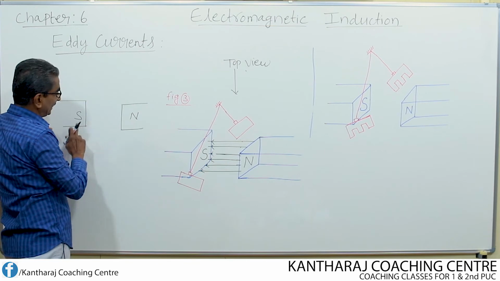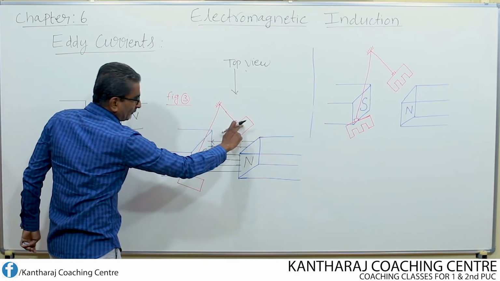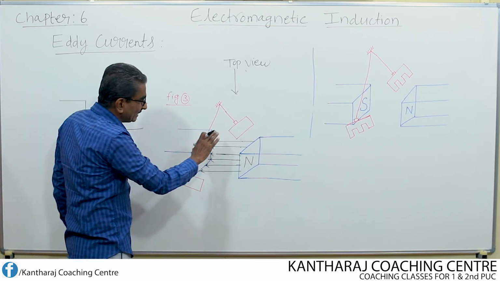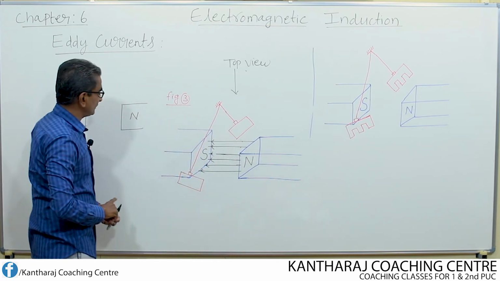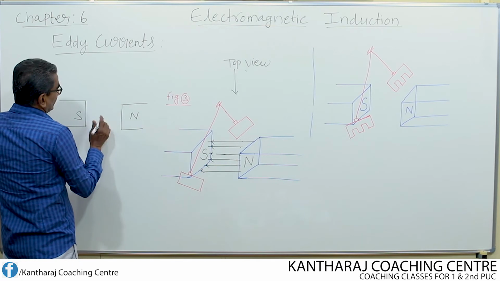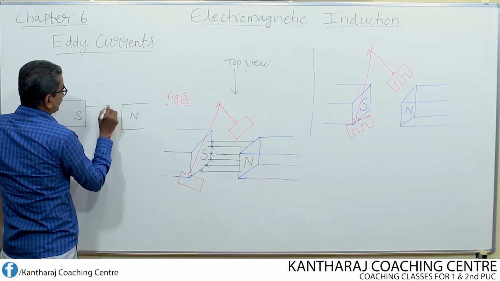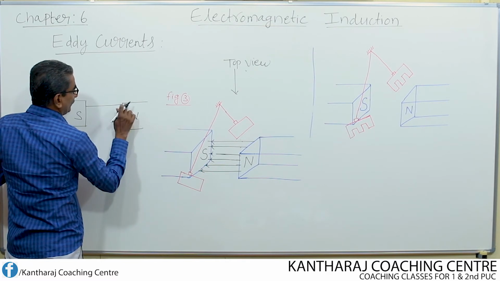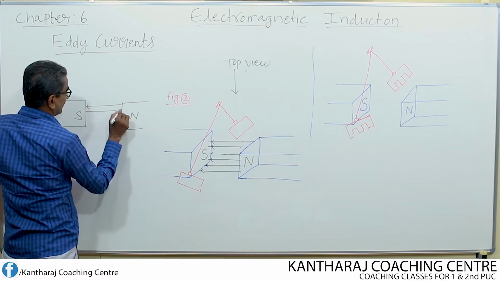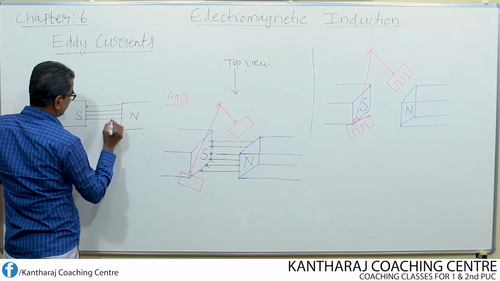I am writing it here to explain how the flux linking with the plate increases and decreases when the plate oscillates between the two pole pieces. These are the magnetic field lines, which go from north pole to south pole.